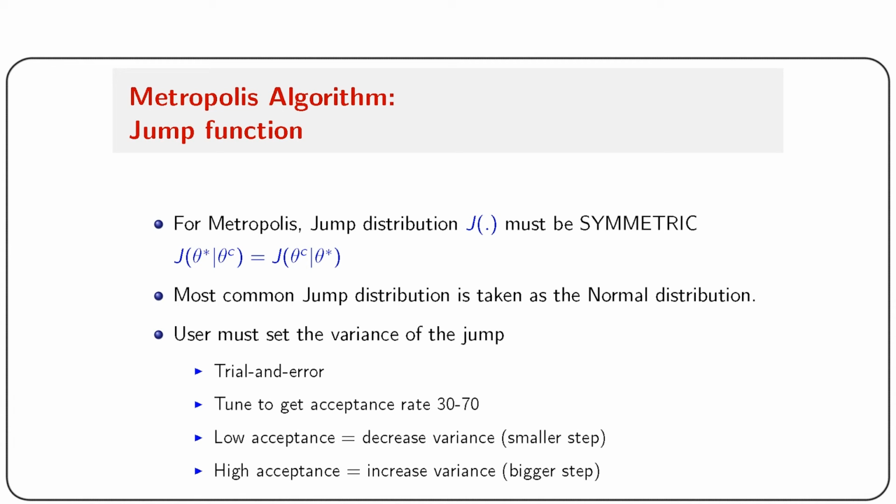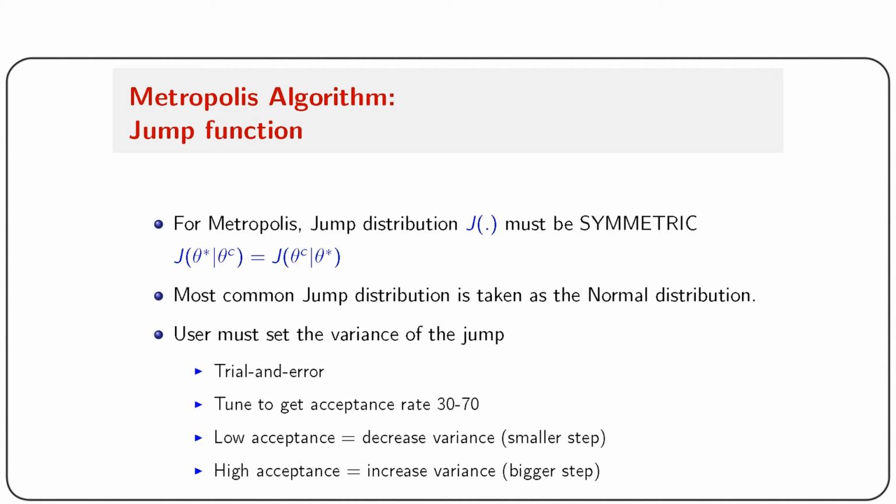For Metropolis, the jump function must be symmetric, that is J of theta star given theta c should be J of theta c given theta star, and the most common jump function is the normal distribution. The user must set the variance of the jump by trial and error, to get an acceptance rate of 30 to 70 percent. A lower acceptance rate means decrease the variance, and a higher acceptance rate means increase the variance.